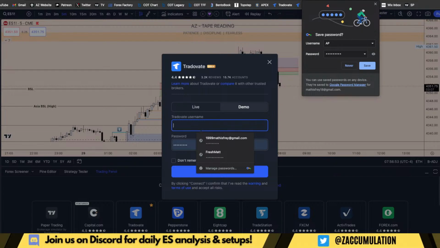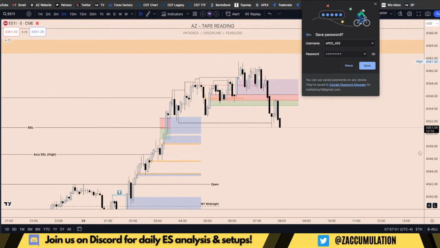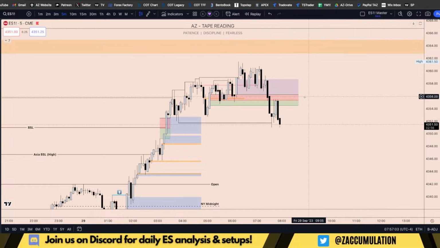Why is it automatically doing that? Apex underscore 45. No. Not letting me do that, and I can't execute on TradingView either. I found a little workaround, so let's see how we go today.